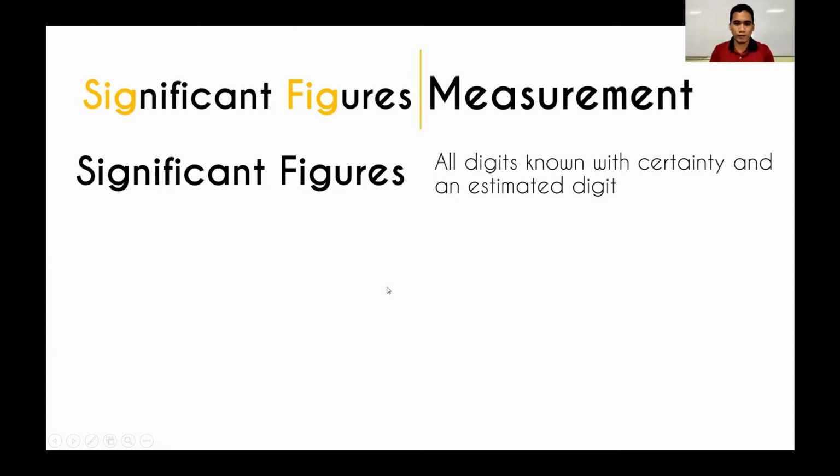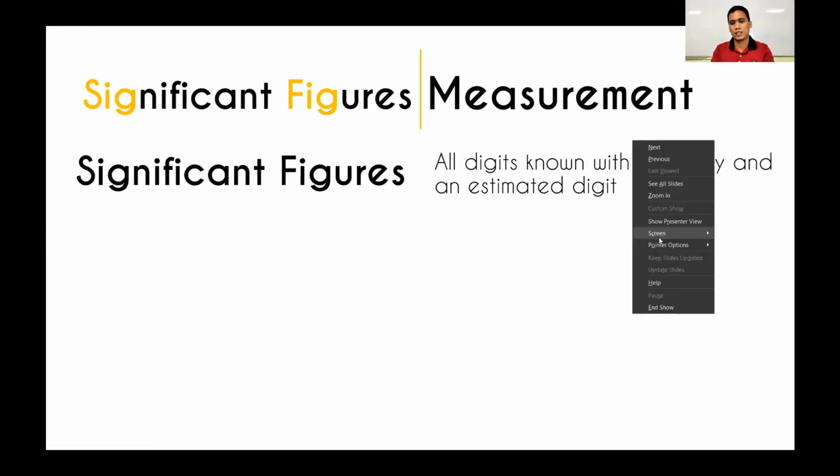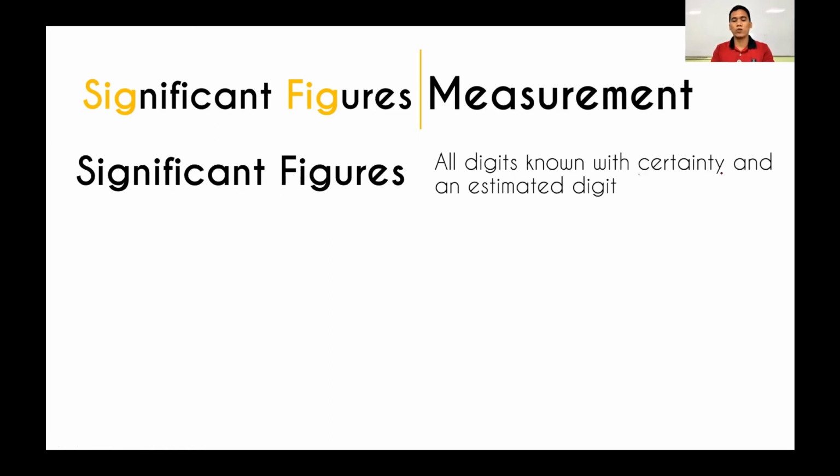So in measurement, significant figures are digits known with certainty, or yung measurement mo na sure ka talaga, and an estimated digit, which is the last digit of your measurement.